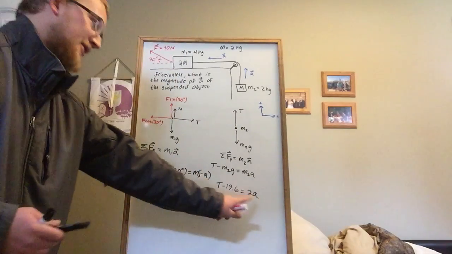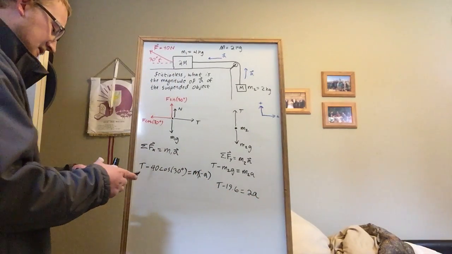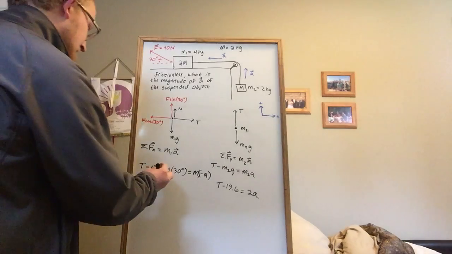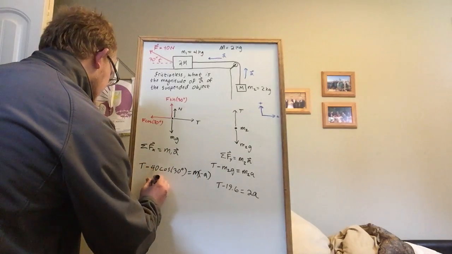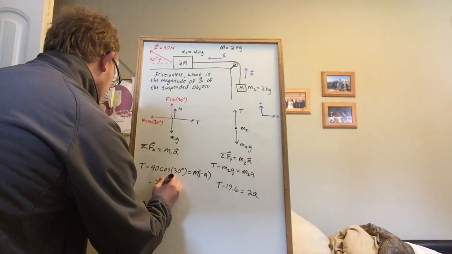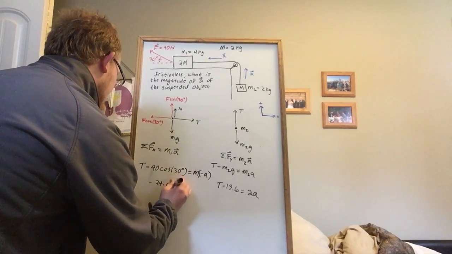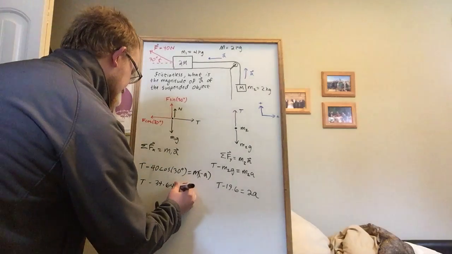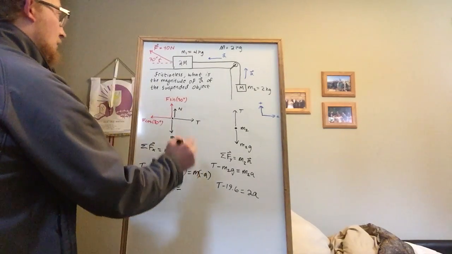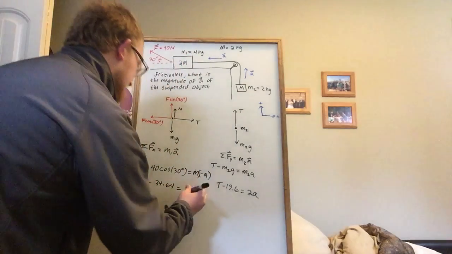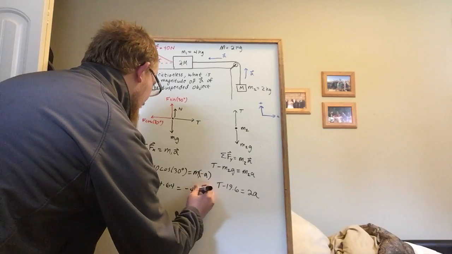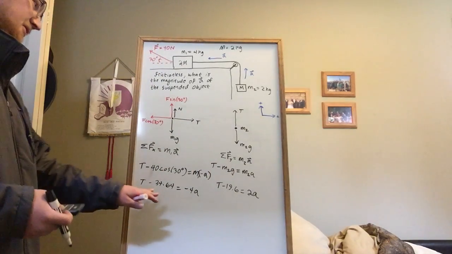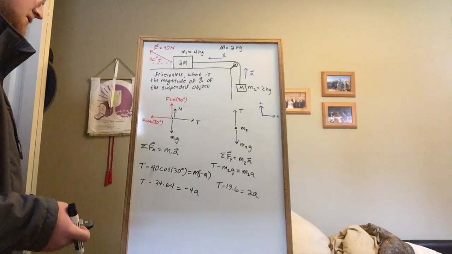So here's one equation with two unknowns. Let's plug in what's on this side. This term turns into minus 34.64 roughly. So tension minus 34.64 is equal to m1, which is 4 kg, so we have minus 4a, bringing that negative outside. So we have two equations, two unknowns.